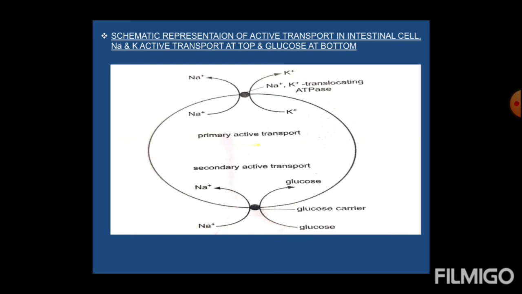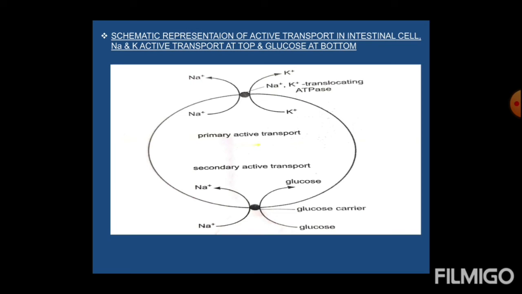What type of gradient is maintained? Definitely, outside the cell and inside the cell, there will be a difference in the gradient. So as per the definition of active transport, movement of molecules is from the lower concentration towards the higher concentration. So if the sodium is going outside the cell, it means that the sodium molecules are less concentrated outside than inside the cell.